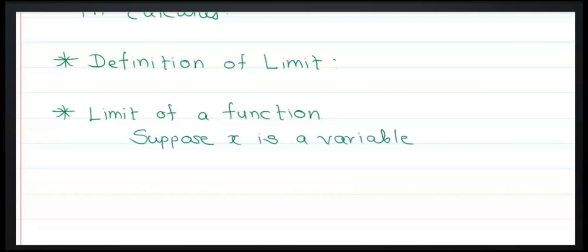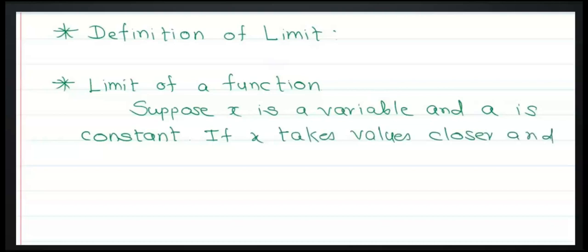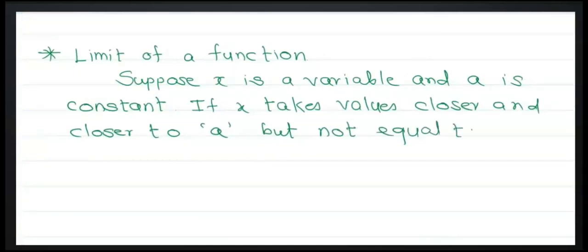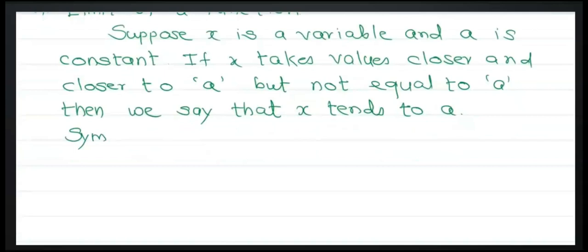Suppose x is a variable and a is a constant, and if x takes values closer and closer to a but not equal to a, then we say that x tends to a.